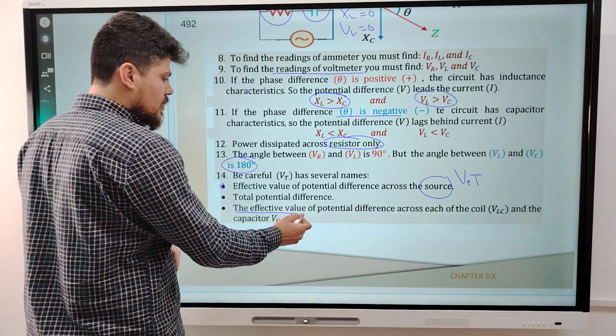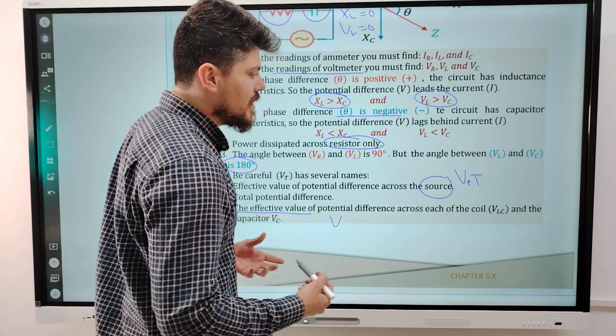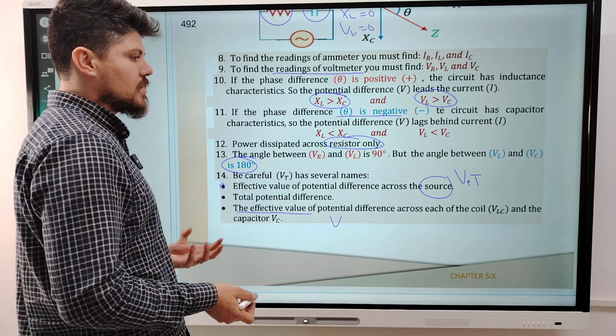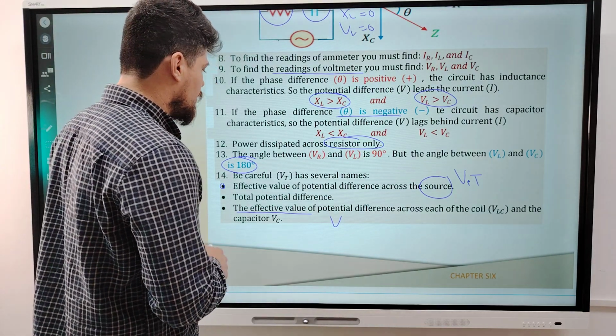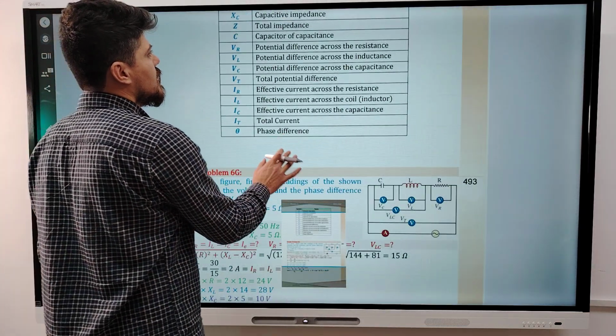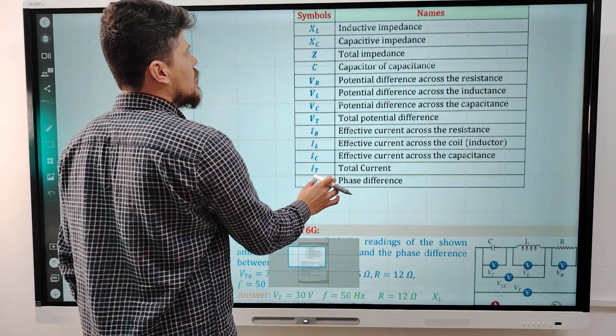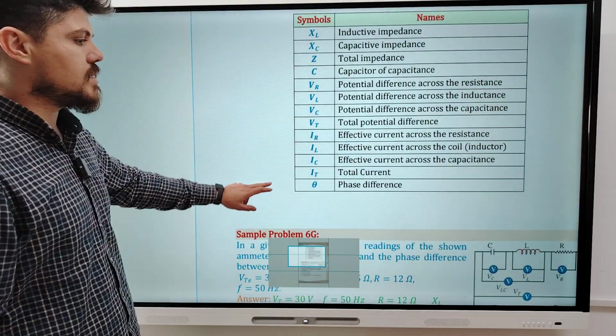Also, the effective value of potential difference V across each of the coil and the capacitor. It means the VE total. And these are the symbols and the names. It's very important for students to recognize all the variables with their names.